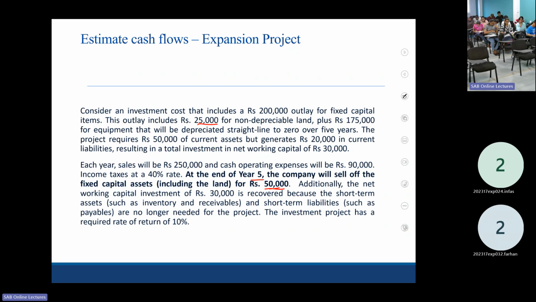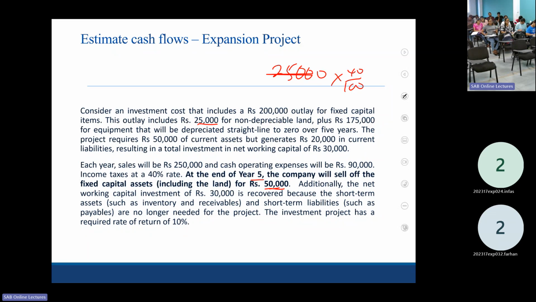Because that equipment is totally depreciated now, at 35,000 a year depreciation, that equipment is totally depreciated. So then here profit is 50,000 minus this land value, so profit is 25,000. On this profit, you have to pay tax at 40%.